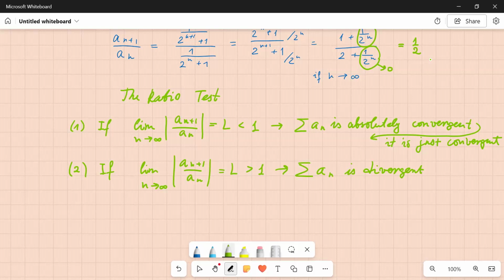Okay? And case number 3, guys. You see that there are 2 cases: the limit is less than 1, the limit is greater than 1. And of course, there is going to be a case where the limit is equal to 1, right? If the limit of a_(n+1) over a_n, sorry, my subscript is supposed to look like a subscript, not just addition, is equal to 1, unfortunately, the test is going to be inconclusive.